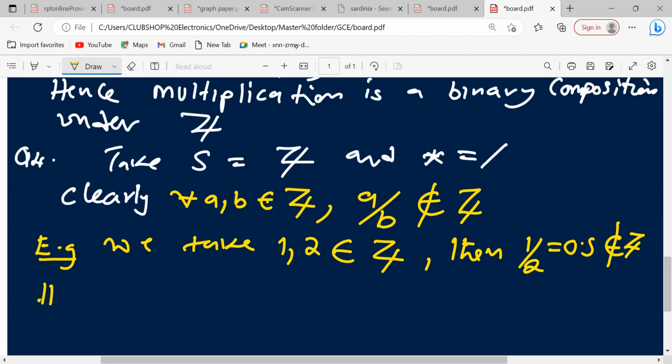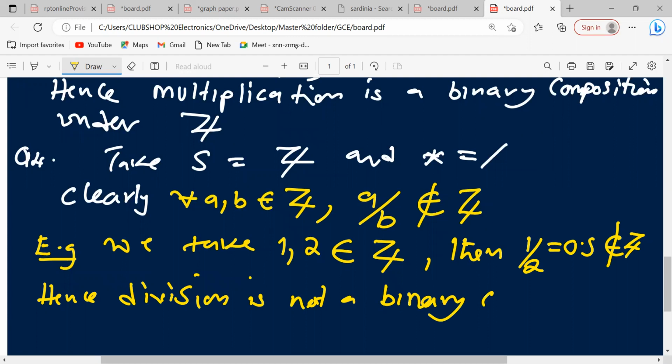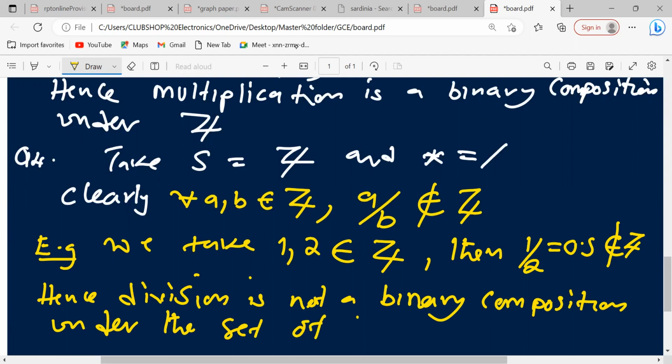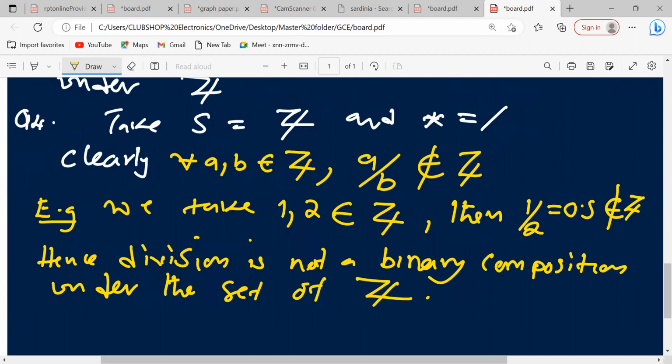Hence, division is not a binary composition under the set of integers. I hope you're okay with the definition of a binary composition.